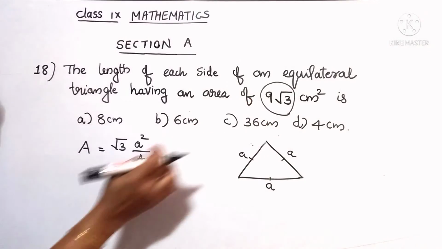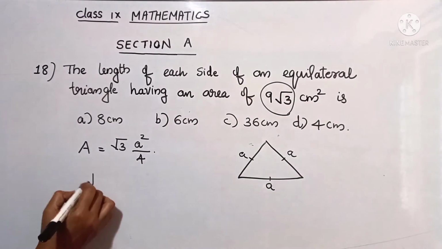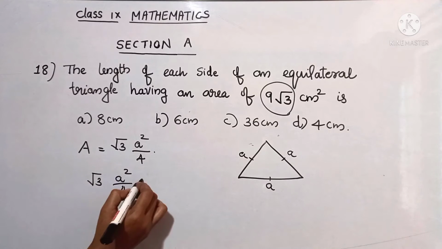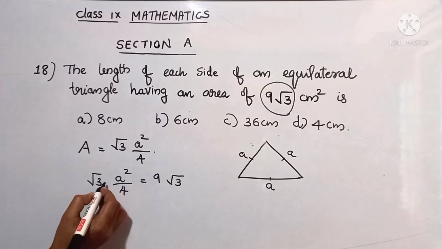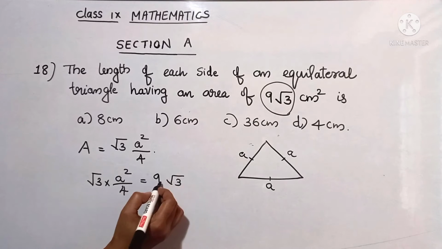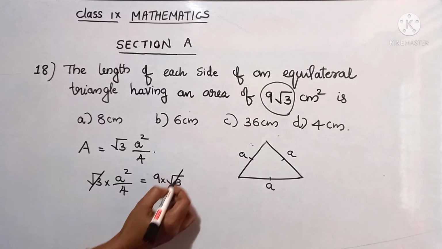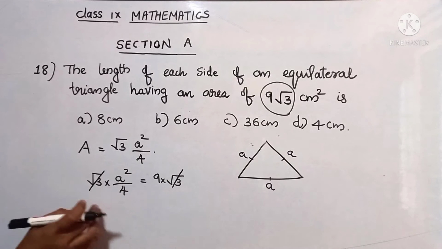Here it is given root 3 a square by 4 is equal to 9 root 3. Root 3 a square by 4 means root 3 into a square by 4, and 9 root 3 means 9 into root 3. Here we can cancel root 3 on LHS and RHS, having the same factor.